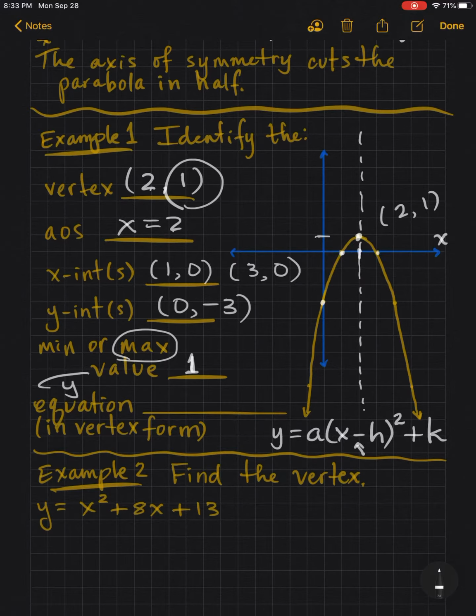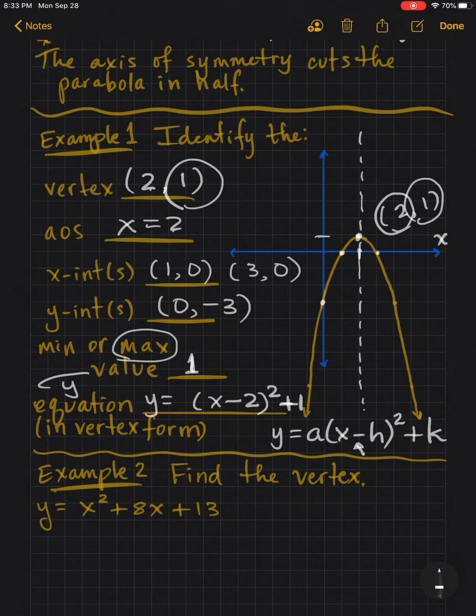This minus sign reminds us to go opposite. So we're going to go opposite of positive 2, and that's going to be x minus 2. Don't forget the square. And the y value keeps the sign.